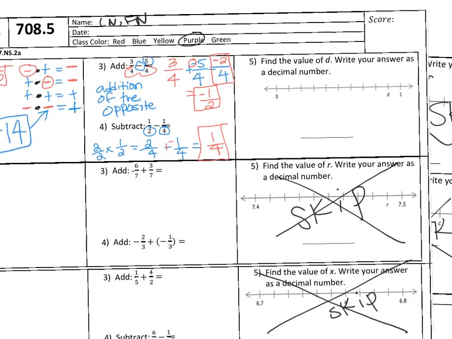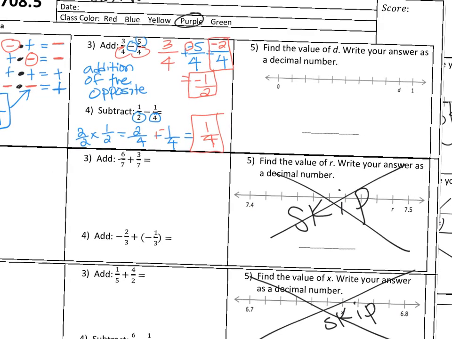So it says, find the value of D and write your answer in decimal form. Here I notice that 0 is the start of the number line and 1 is the end. So if I'm counting these, I know that there's 9 places in between. I can count by tenths, so 0, 0.1, 0.2, 0.3, 0.4, 0.5, 0.6, 0.7, 0.8, 0.9, and then 1.